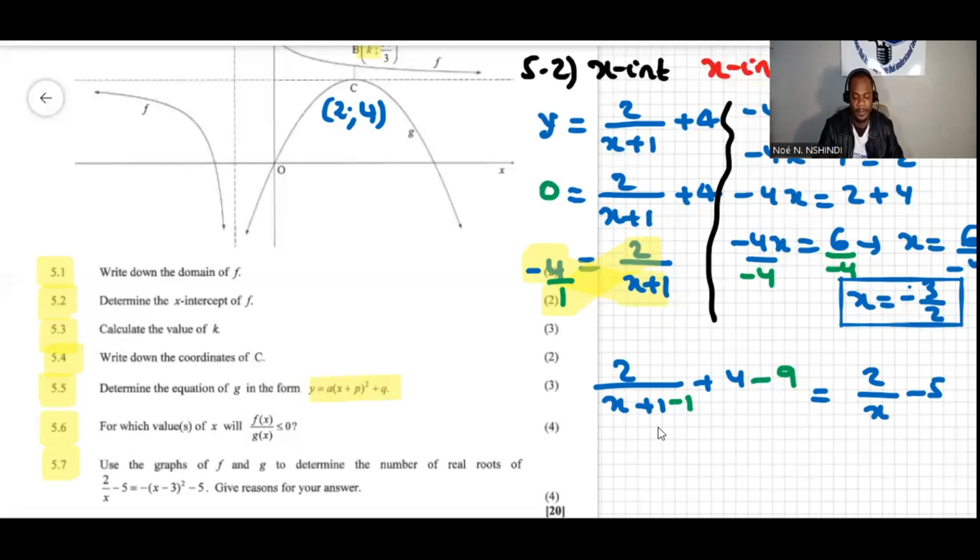And then we have negative open bracket x minus 3 to the power of 2, minus 5. Similarly, let me write it like this.